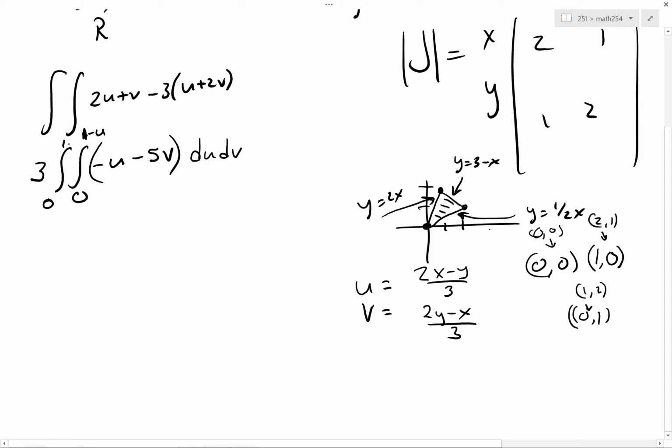I need to change this because the way I've done it, I did dv first and then du. So let's do dv first. That's going to be negative uv minus 5v squared over 2 from 0 to 1 minus u.